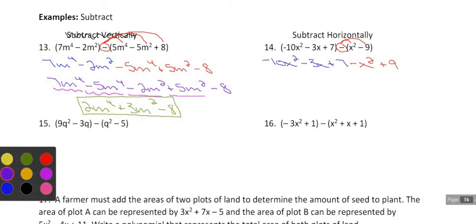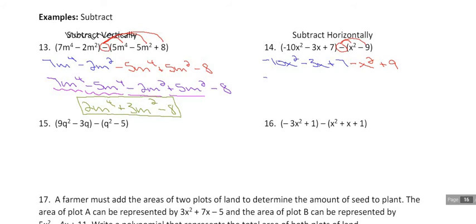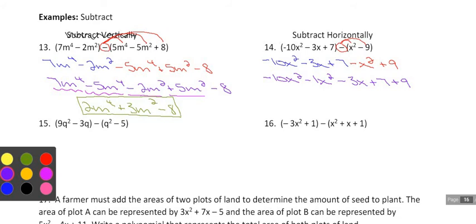So we'll rearrange. Got our negative 10x squared in the front with a minus 1x squared. I'll put the invisible 1 there for this guy here. And then my minus 3x would come next in standard form. I don't have any other x's to go with it, so now I'm on to my constants of plus 7 and plus 9.